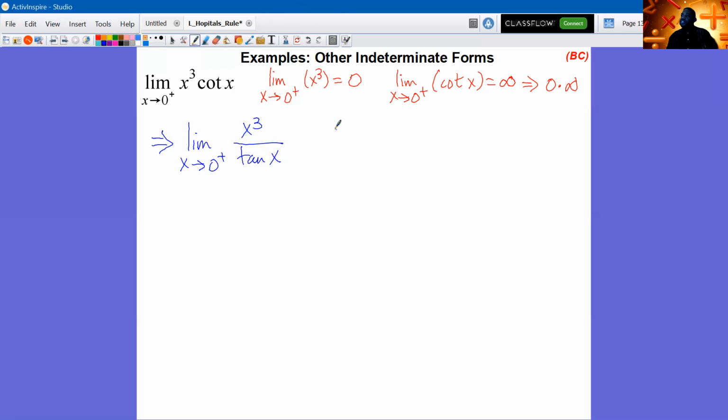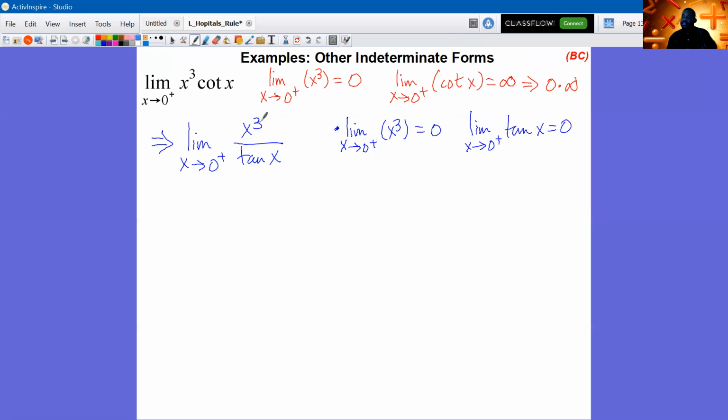So we're ready to check the indeterminate form just to make sure. The numerator is 0, the denominator is 0. Okay, so they're both 0.